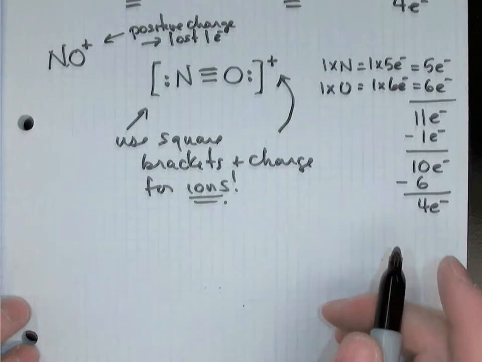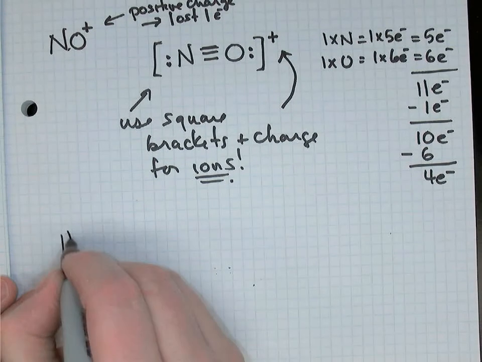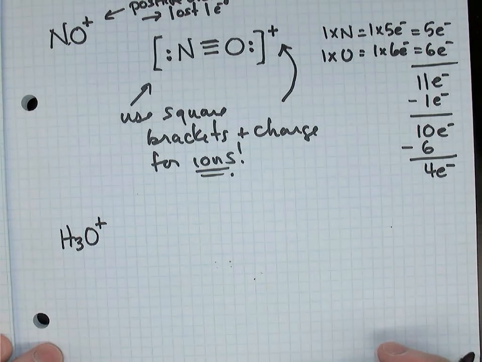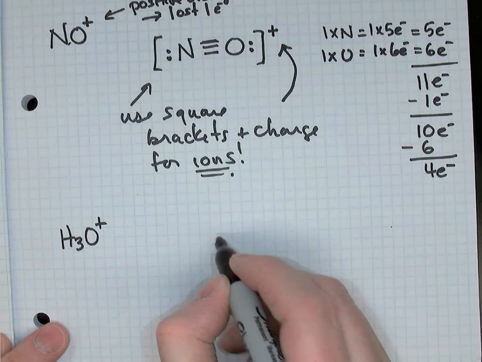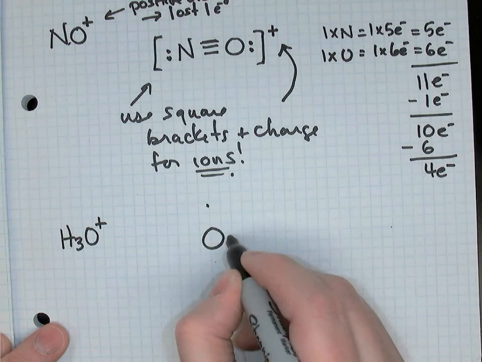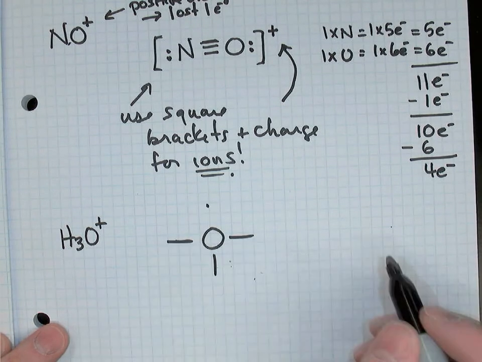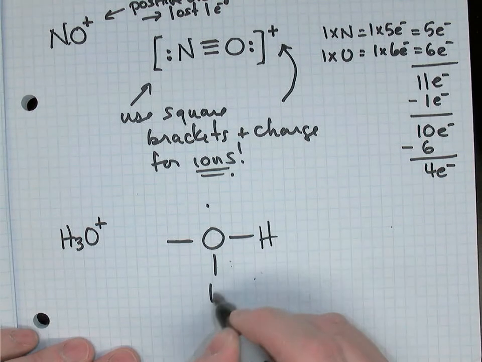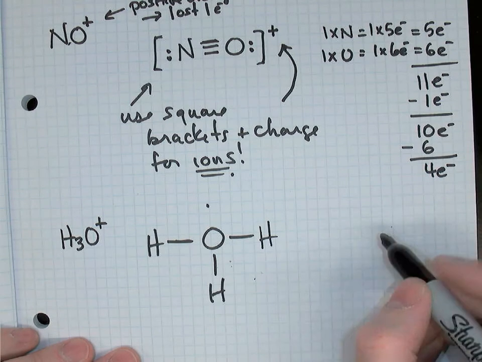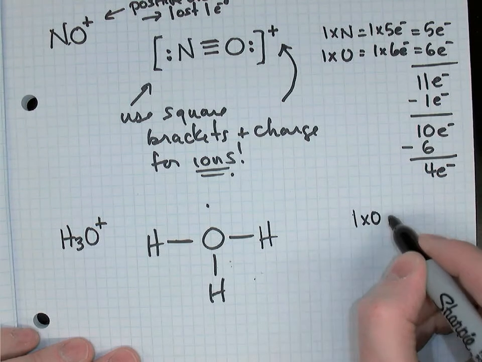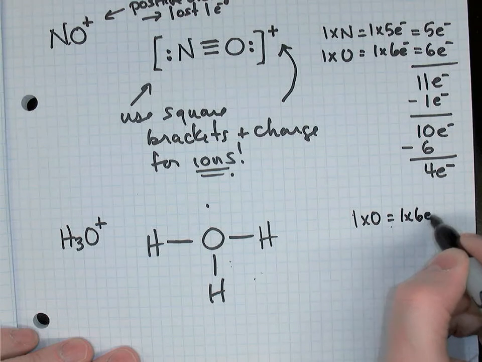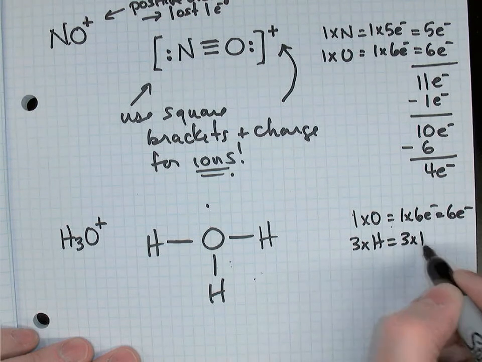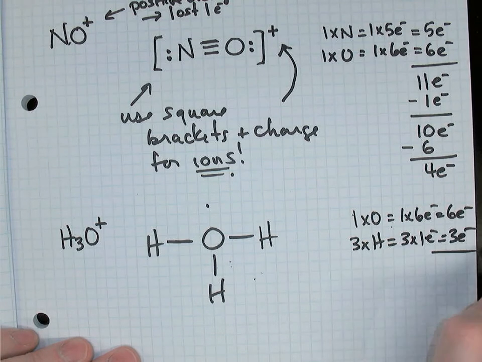Another cation is the hydronium ion, acid-base chemistry, very important, H3O positive. We start with the oxygen as our central atom, remembering that that's the exception to the situation where the first atom is usually central. And we put the 3 hydrogens around it. We have 1 oxygen, that's going to be 6 electrons total. We have 3 hydrogens, so that's going to be 3 electrons total, so 9 electrons to play with.